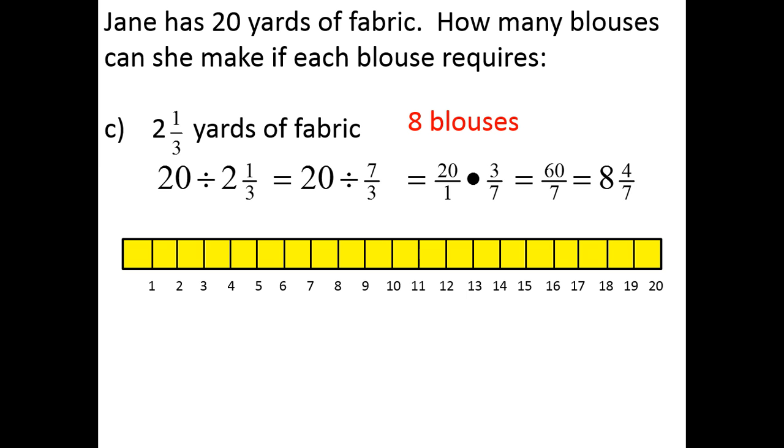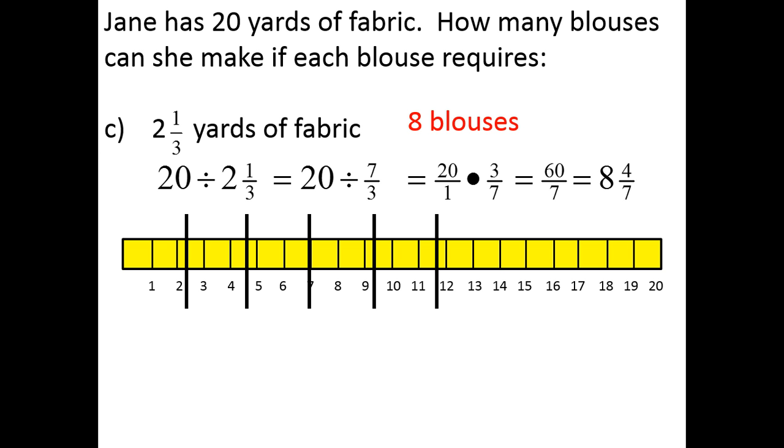There's our 20 yards of fabric, and we're going to make cuts every 2 1/3 yards. So there's the first cut at 2 1/3 yards. The second cut is at 4 2/3 yards. The next cut is at 7 yards. Then 9 1/3.